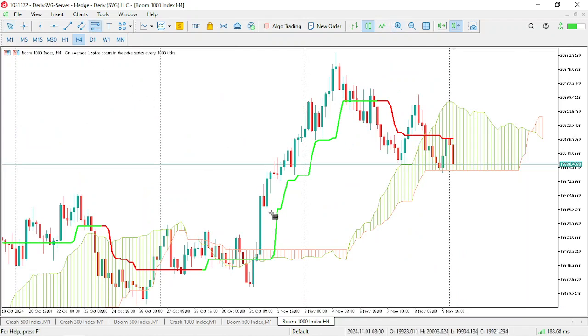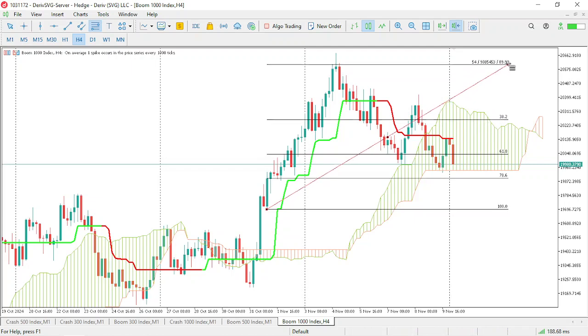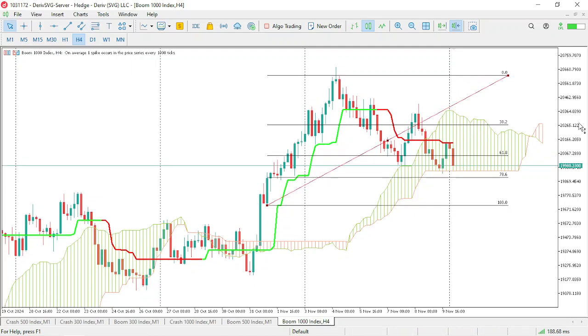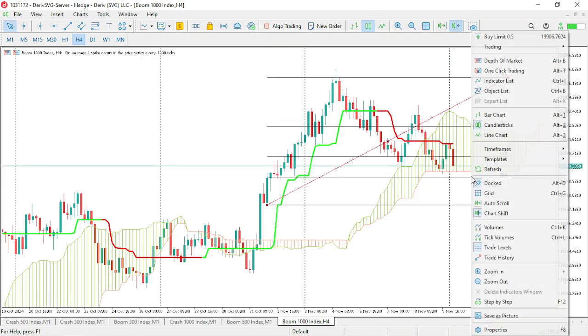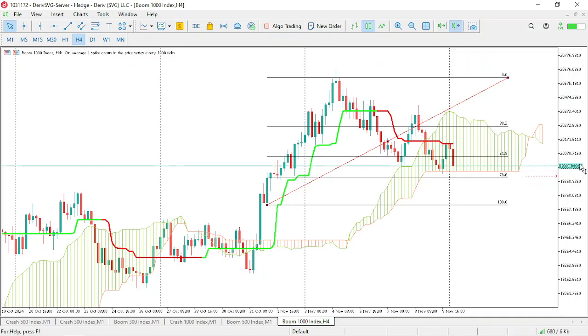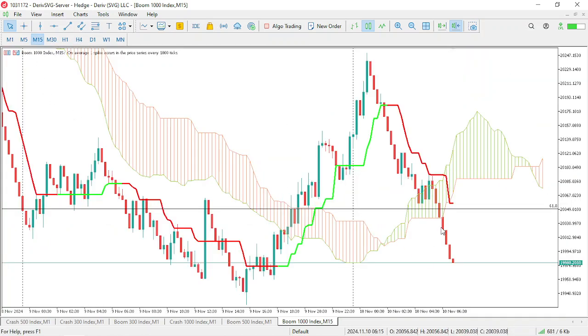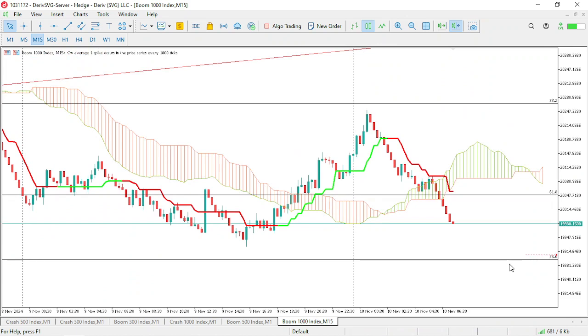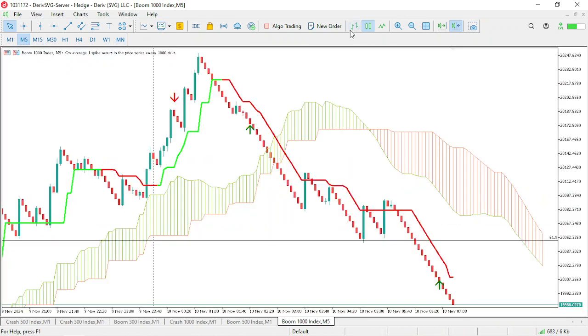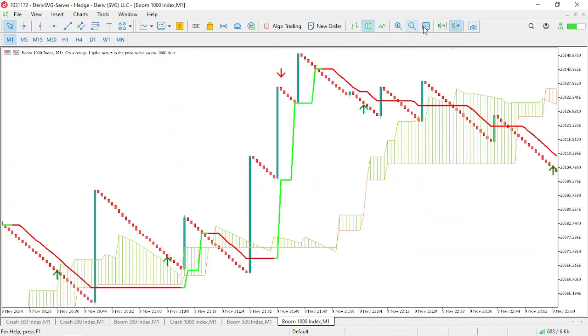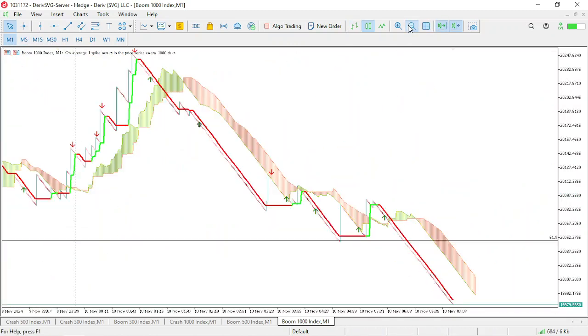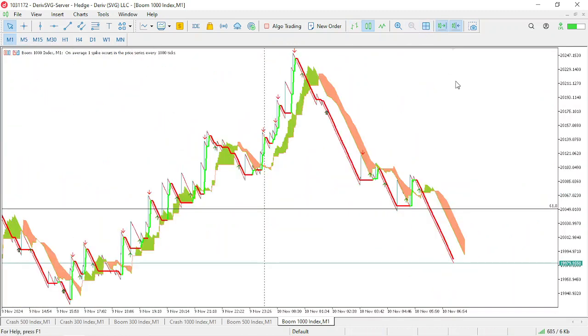So let's just say, for example, if I did this on the daily time frame and the market comes over here to the 78.6, so it's been dropping, but as it comes there and gives a buy signal, I'll get in because based on a higher time frame, that could be a valid reversal zone, and that's how you could use it as well.